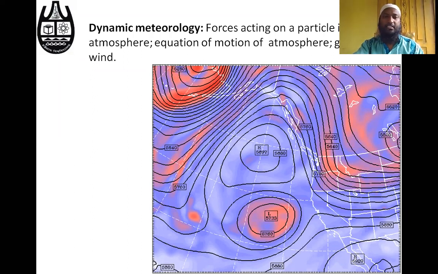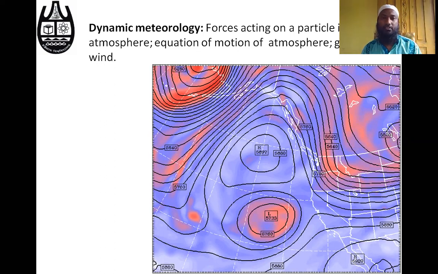Forces can be temperature, humidity, or many other things. How these forces react on that particle, we can discuss under different equations, and that is termed the equation of motion of the atmosphere. So in the atmosphere, how a single particle reacts and how it moves, we are going to discuss.